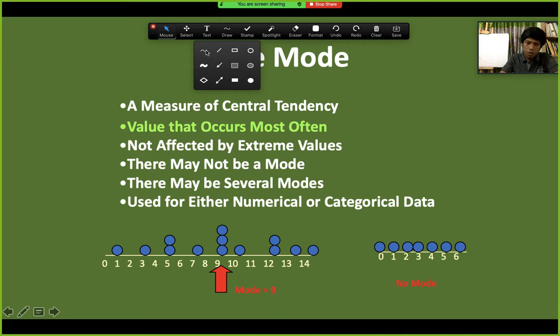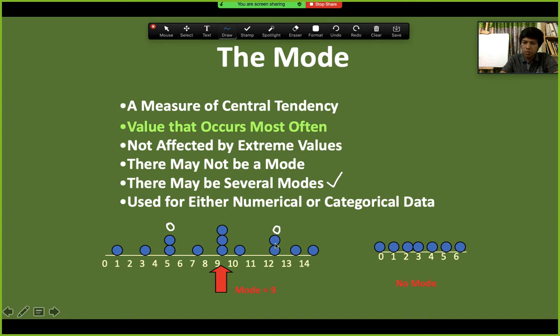Now, there can be several modes. Suppose in this example 9 comes 3 times, and 5 also comes 3 times, then the mode of this data will be 5 and 9 both. So sometimes there are many modes. Suppose we add another 3 circles here, then for this data the mode will be 5, 9 and 12.